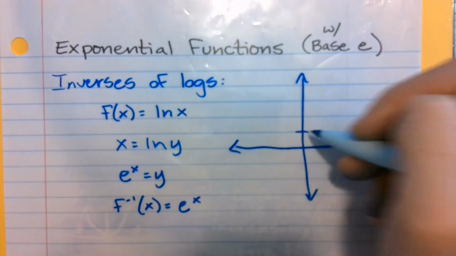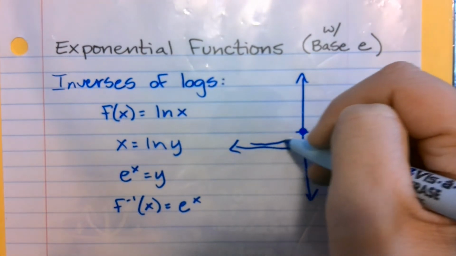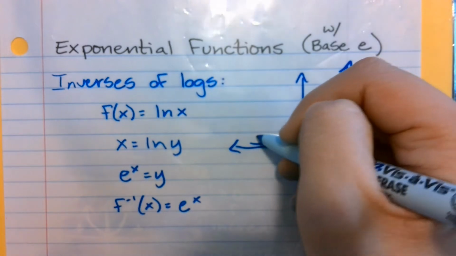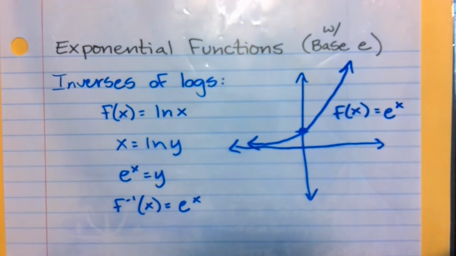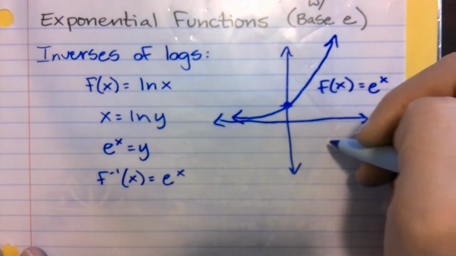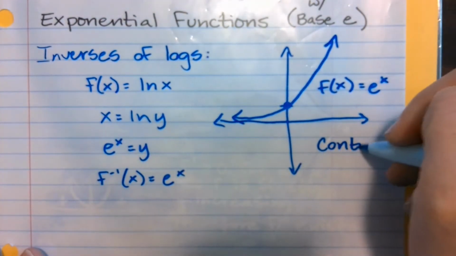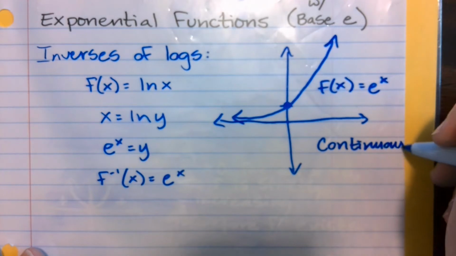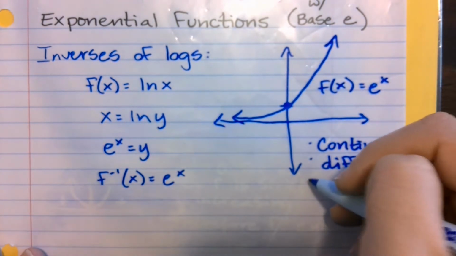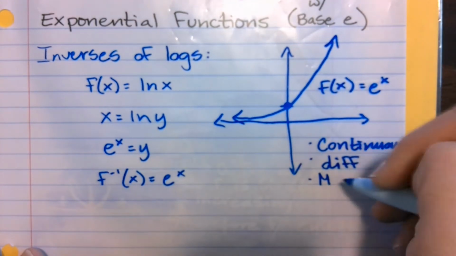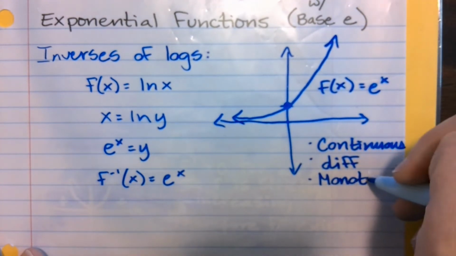So our exponential is going to look something like this, and this is just our parent function, e to the x. It might be important that it's continuous, that it is differentiable, it is monotonic. So we just learned this word.